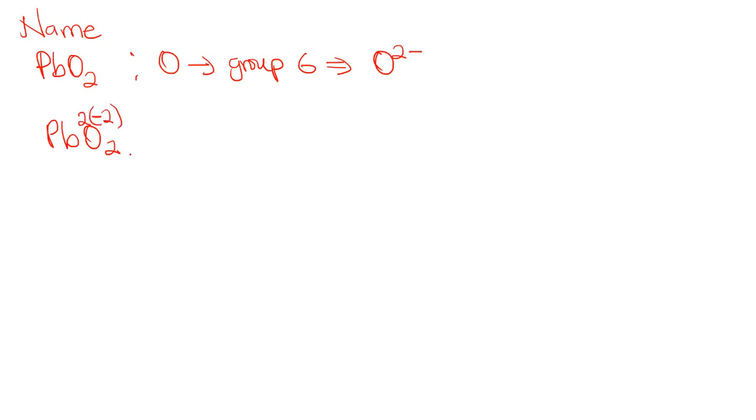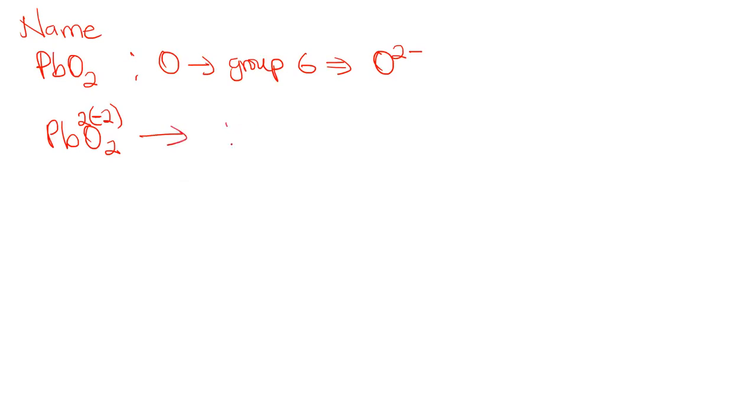For this compound, we know that O is in group 6. Therefore, O will be 2 minus. So we are going to write this one O2. But you see there are 2 oxygens here. So we need to multiply 2 times -2, because each oxygen here has a charge of -2.